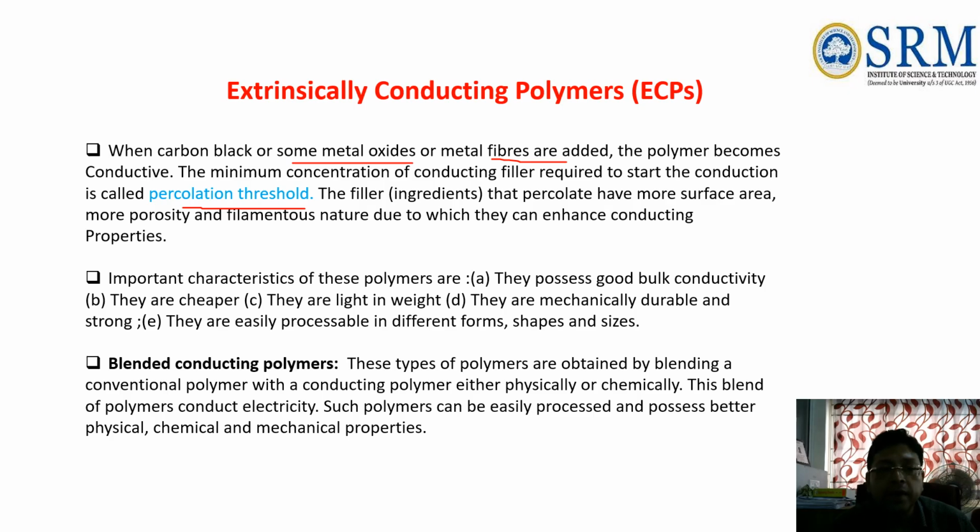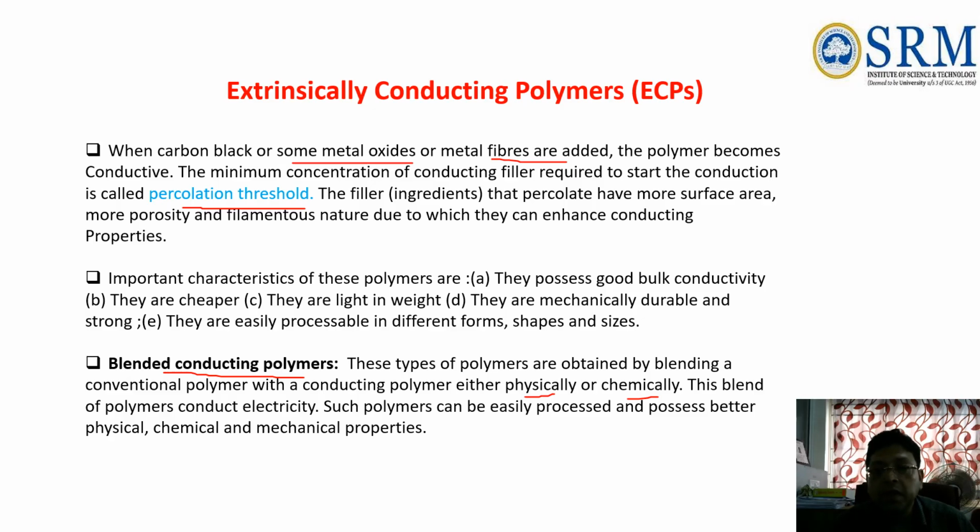And another one is the blended conducting polymer. Blended conducting polymers are obtained by blending a conventional polymer with a conducting polymer, either physically or chemically. These blends of polymers conduct electricity. So the two polymers are there.